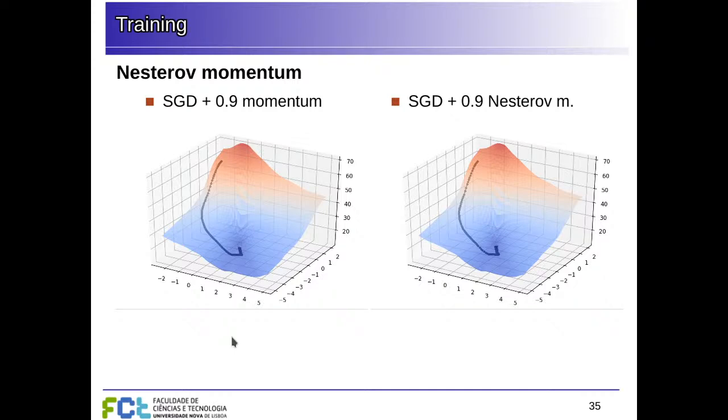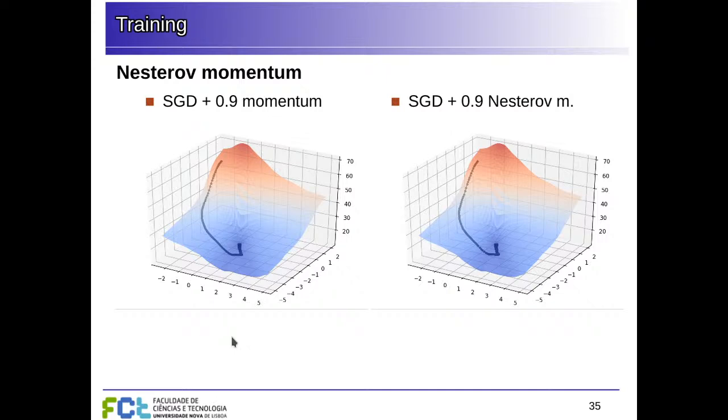However, it's important to note that the example I'm giving here is really not realistic. We don't use neural networks with just two parameters. If we have a neural network with, say, 100,000 parameters, we cannot plot these charts in any way that we can understand. So I have to use a very simple example to illustrate this.